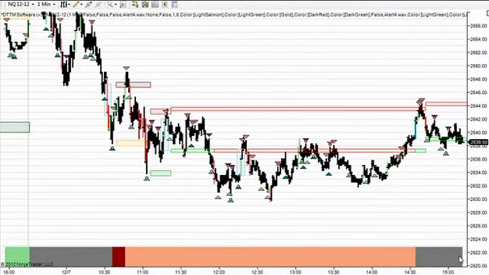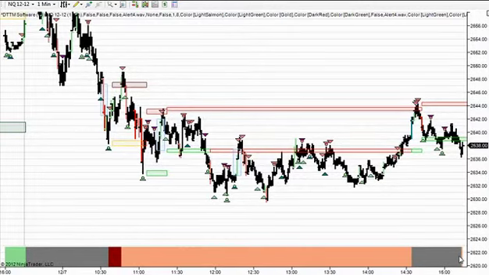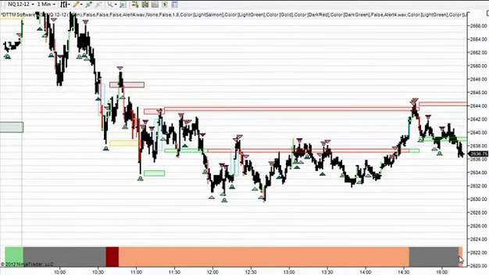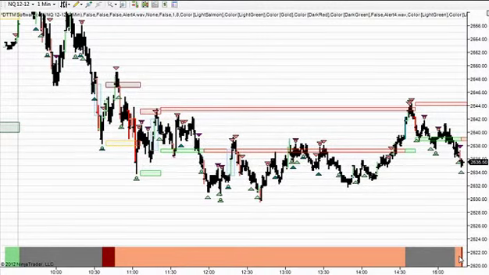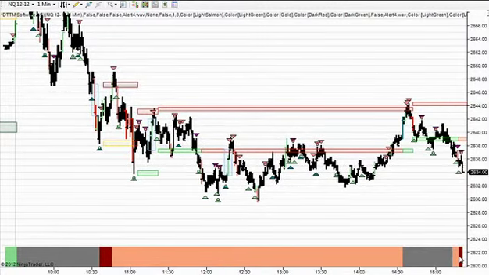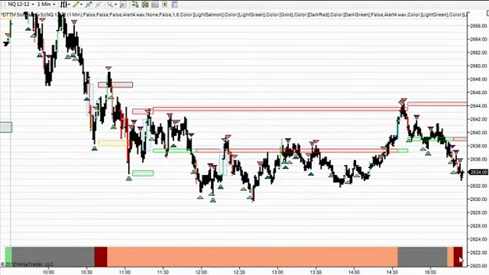Now it's 3 o'clock on a Friday afternoon. Buyer beware, so to speak, at this point. Filter's back to red. So there is some order flow coming into the market here on the downside.